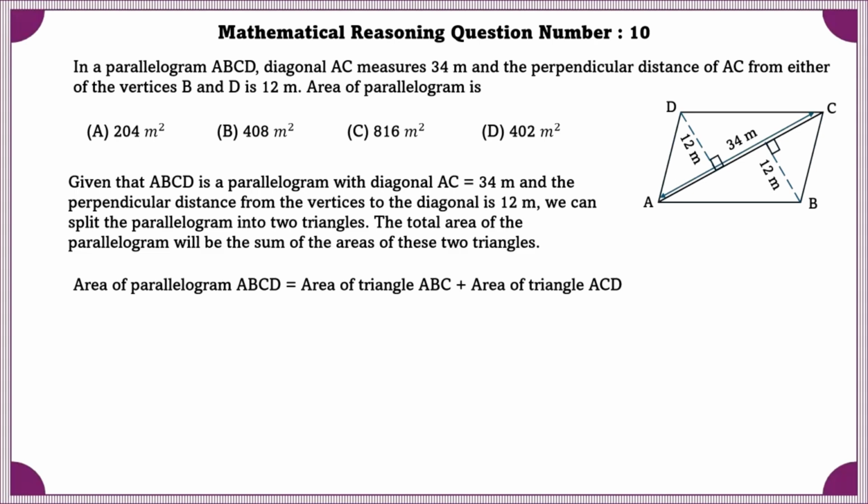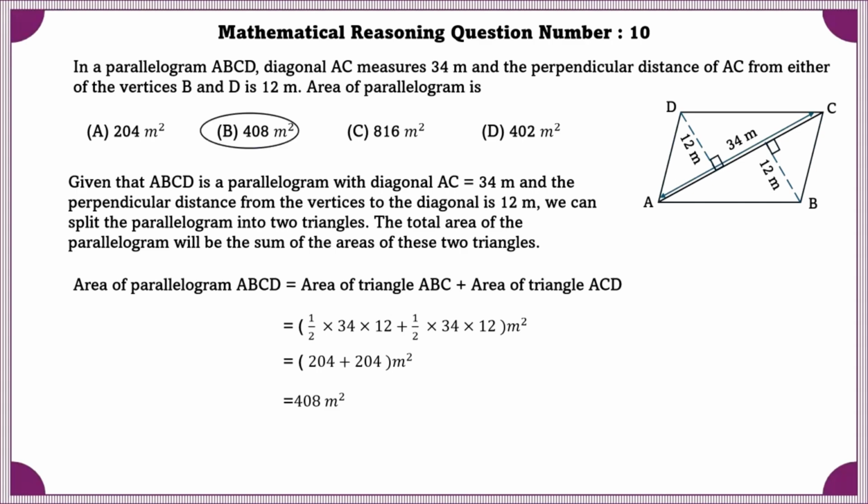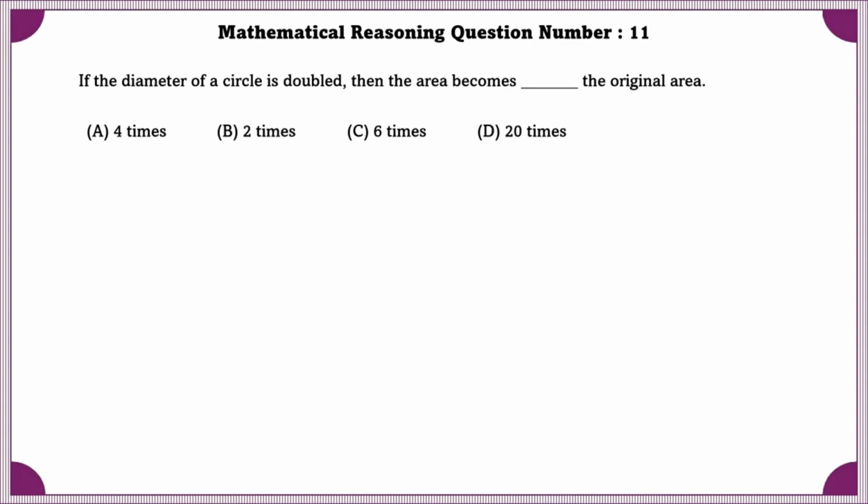Then the total area of the parallelogram will be the sum of the areas of these two triangles. The area of parallelogram ABCD is equal to the area of triangle ABC plus the area of triangle ACD, which is equal to 408 meters square.